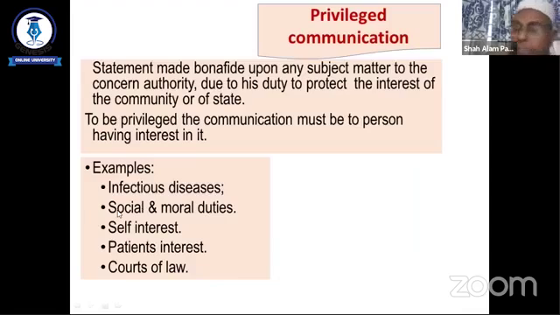Secondly, your social and moral duties. Suppose a bus driver, or captain of a ship, or pilot is suffering from hypertension or color blindness or a hearing problem. Then first you advise him or her to change this profession.